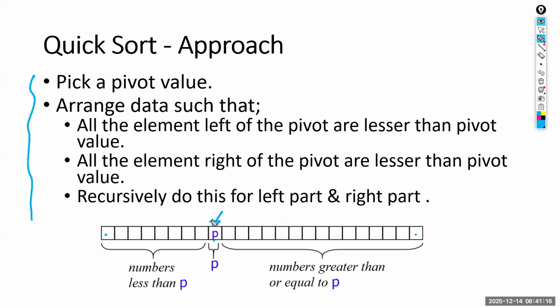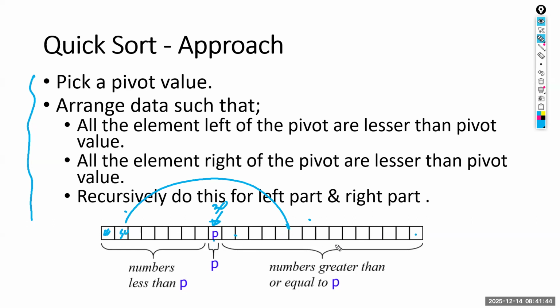So now your task is to add elements below this value to the left side of it, and values bigger than this to the right side of it. For example, if your pivot is 30 and this is 10, you just keep it there. If this is 50, you put it to the right side because 50 is bigger than 30.